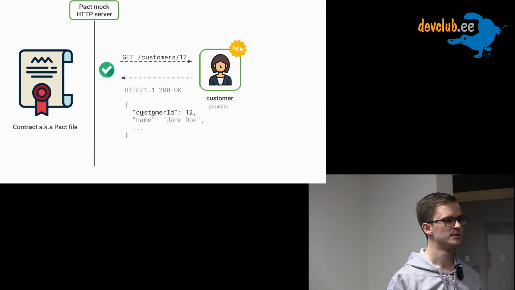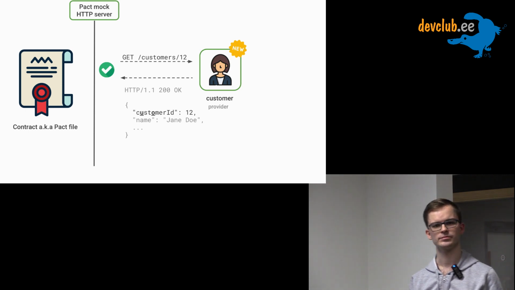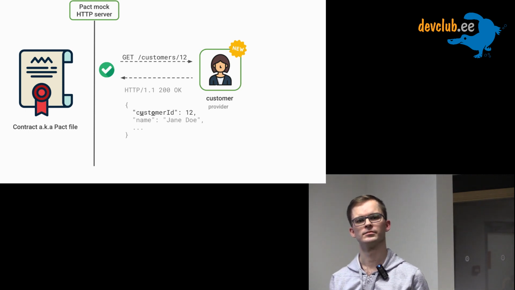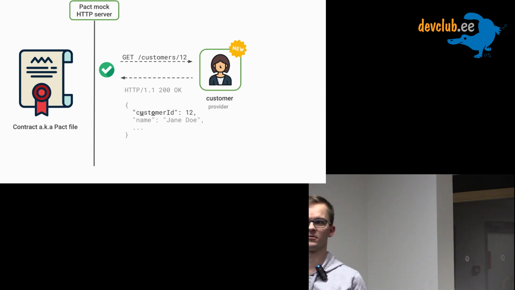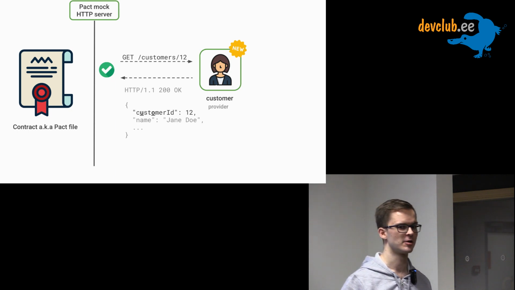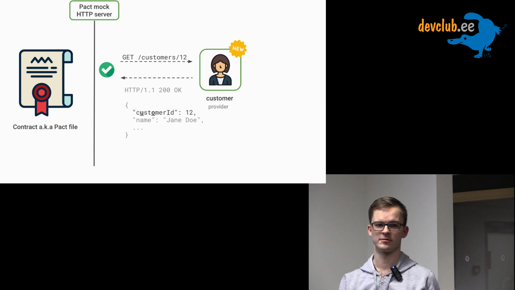So the consumer should put into the Pact file only those fields it actually uses. Otherwise, the provider would have to take into account whatever you put in the Pact file, even though you might not actually use it.